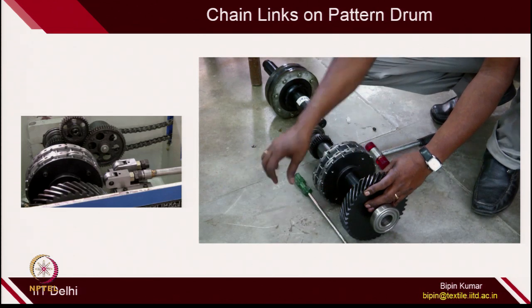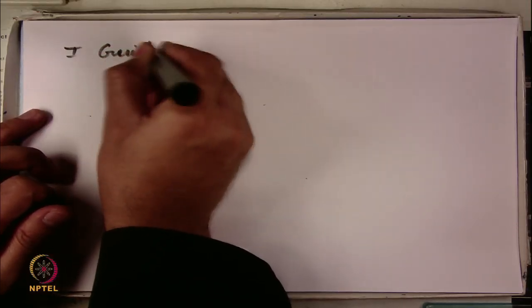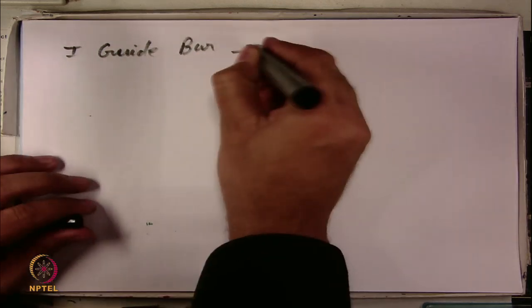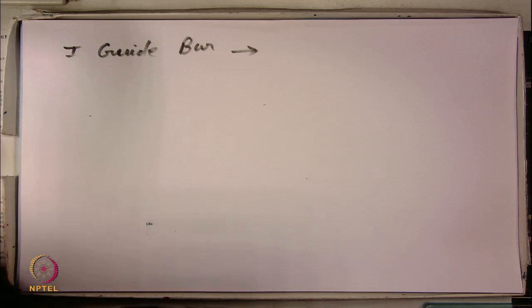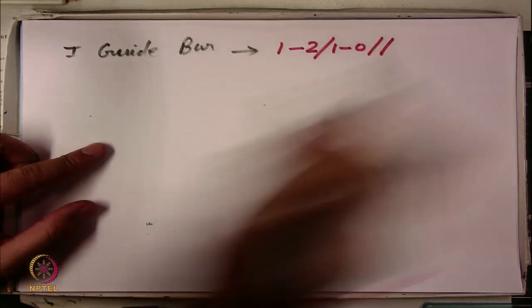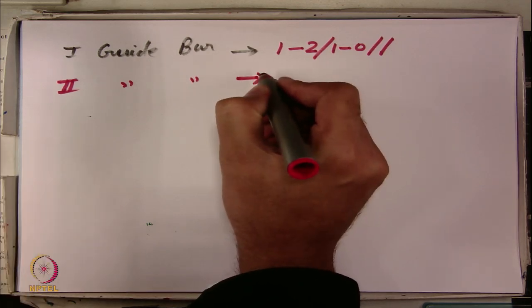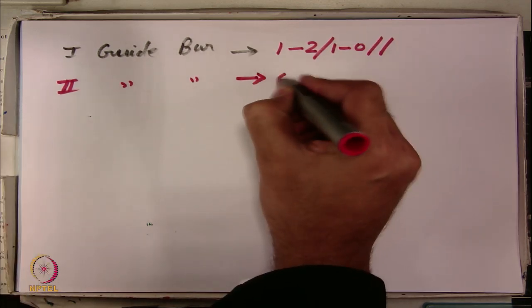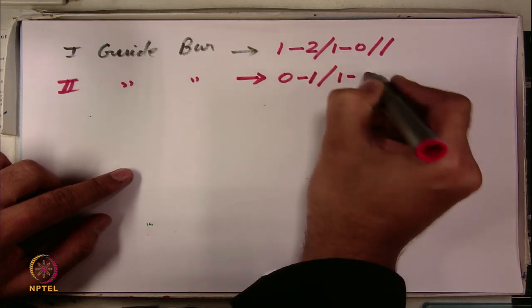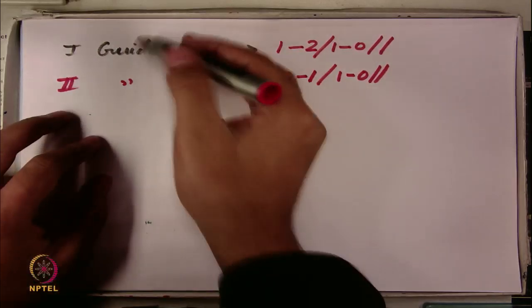Let us suppose we want to create a double bar construction having first guide bar with lapping sequence of 1 2 1 0 and second guide bar with lapping sequence of pillar stitch 0 1 slash 1 0. If this is there, we need to combine together both the sequences.